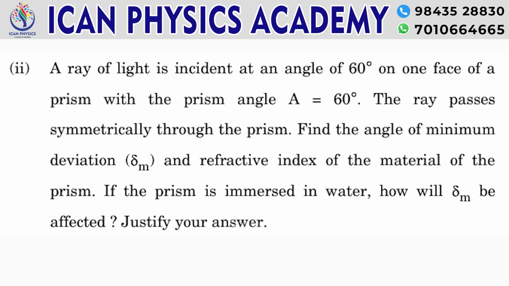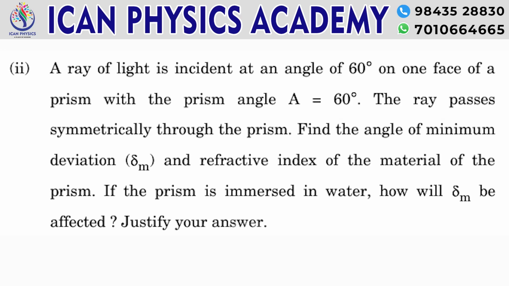Question number 32 or question 2. A ray of light is incident at an angle of 60 degree on one face of a prism with the prism angle A equal to 60 degree. The ray passes symmetrically through the prism.